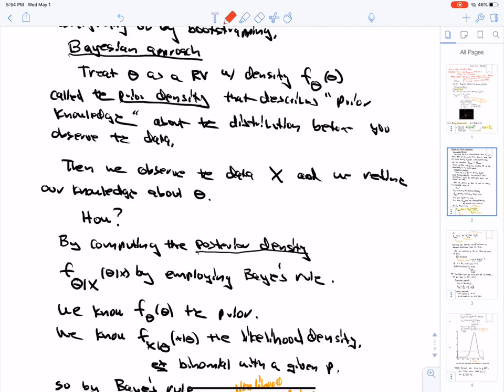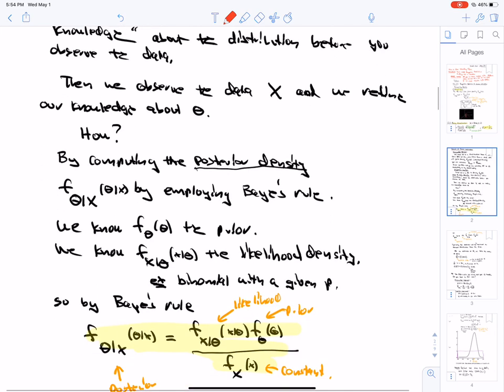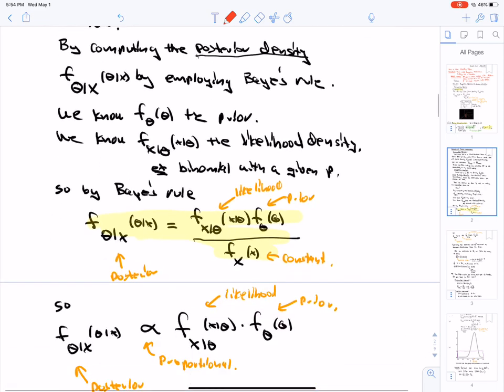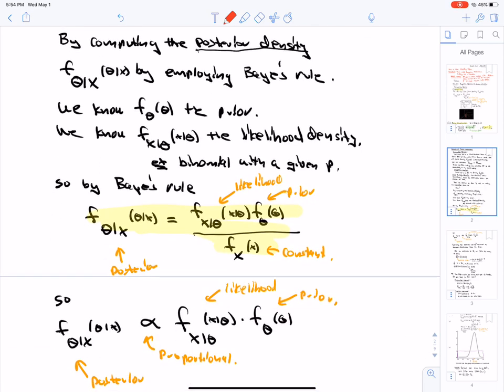Under the Bayesian approach, we treat theta as a random variable with density f theta, called the prior density, that describes prior knowledge about the distribution before you observe data. Then we observe data x, and we refine our knowledge about theta. So how does that work? We compute the posterior density, and we employ Bayes' rule.